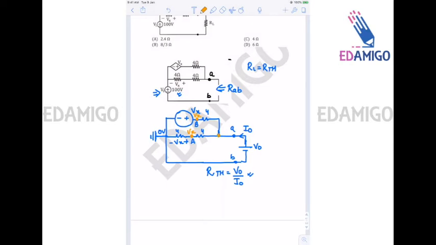Now let us assume that this node is C. Since node D is grounded, node C will be at potential V0 because of this battery. So both the 4 ohm resistances will have equal potential across themselves, so equal current will flow through these two resistances.